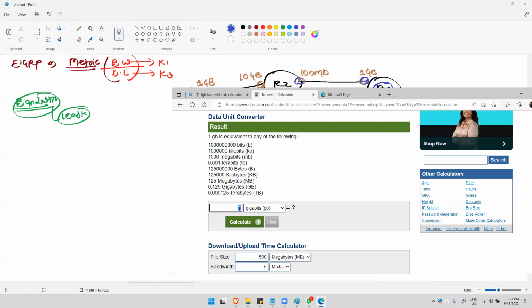If I'm using 100 MB, calculate, how many kilobits? 1 lakh. Okay. In bytes, how many? 125. In 1 GB, this one is gigabits. Ten lakh, right? Okay. Yes or no?